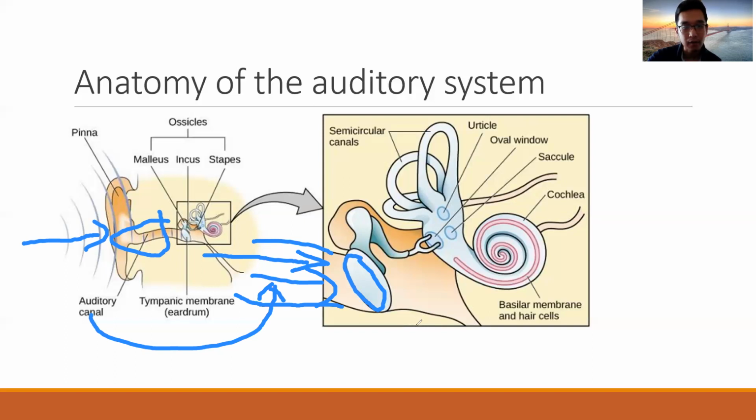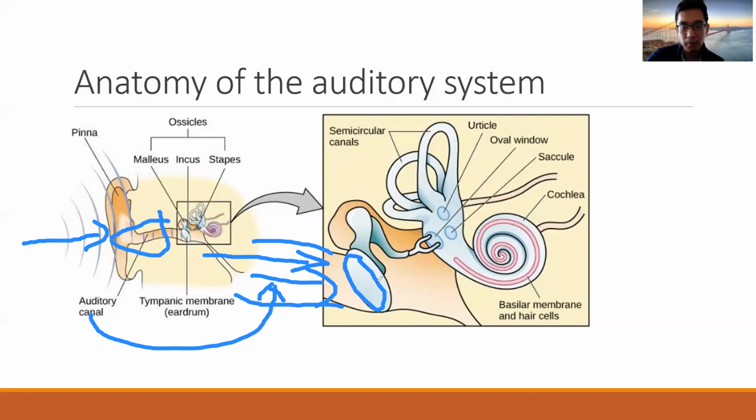This part is called the eardrum, or the tympanic membrane. The eardrum is a membrane. It's a very thin surface of cells. It's not a bone. It's not flesh, but a very thin layer of cells.